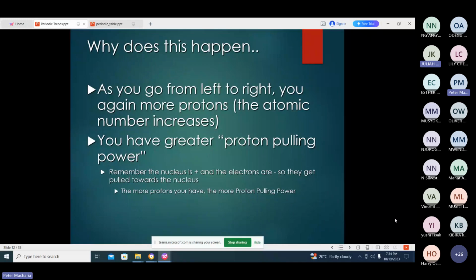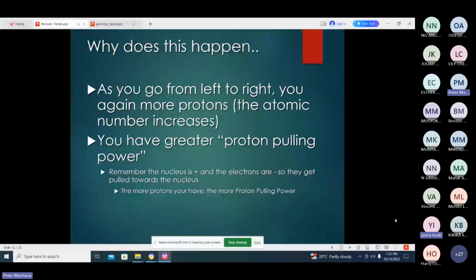So as you go from left to right, what is happening? You remain in the same principal quantum level, right? So the electrons are being added to the same main orbital. But for every increment of an electron, you're also increasing a proton in the nucleus, isn't it? When you add a proton in the nucleus, you increase the pull towards the nucleus.